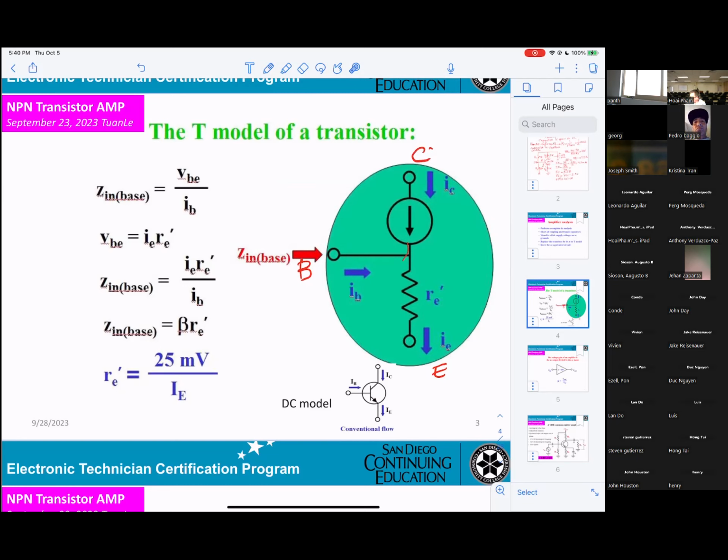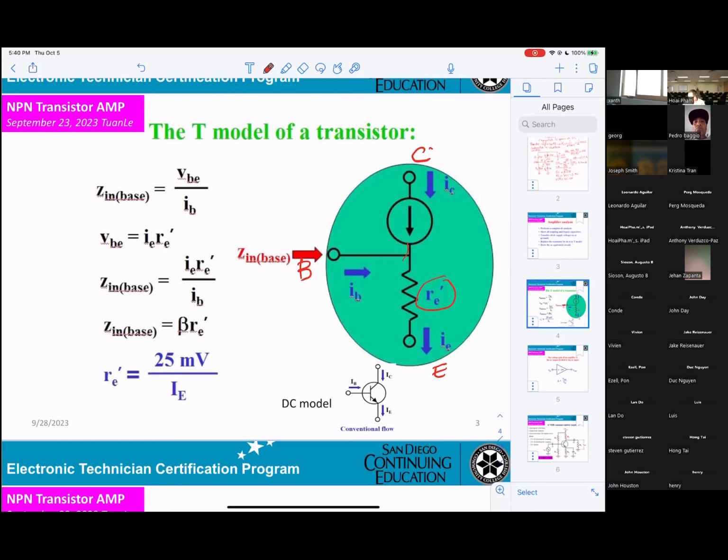And also from the base to the emitter, you get a resistance. They call it small r prime e.